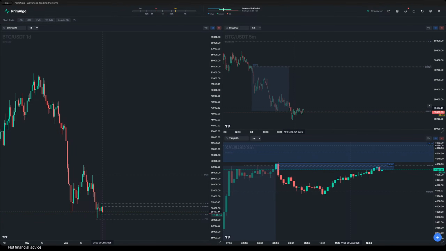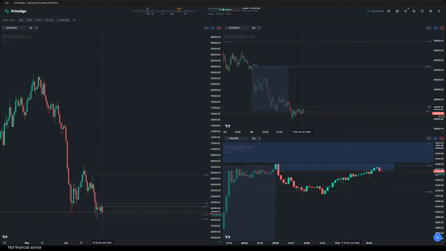To close above this one, we're waiting for it. But what we could do now, let's finish the brief first, right? So a sweep, then rejection back above 59,500 could offer a scalp toward 60.3. Yep. So we're not in that scenario for now, right?